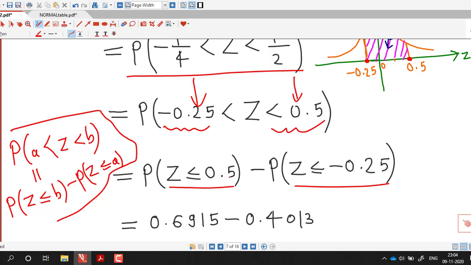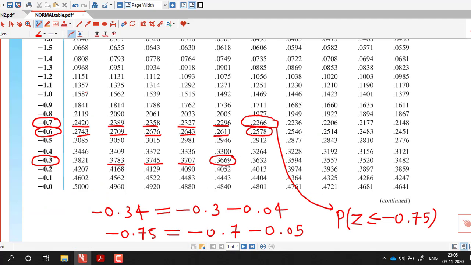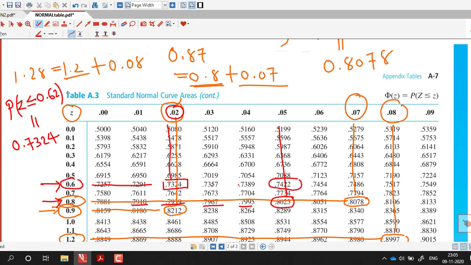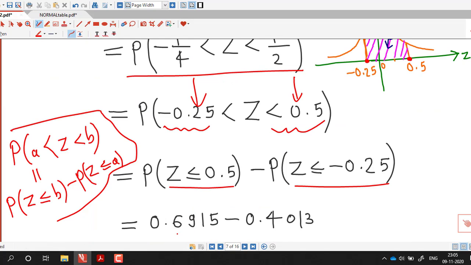Now z less than or equal to 0.5 means I have to concentrate on positive z values, 0.5. So this is 0.5 and we have to go in this column 0.50, that is 0.6915. So this is 0.6915.